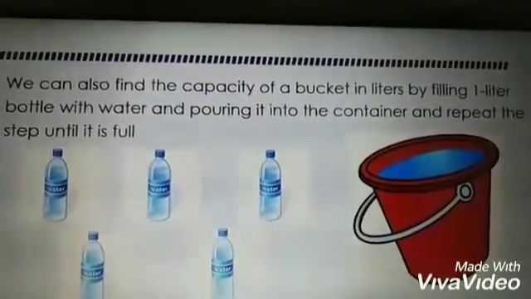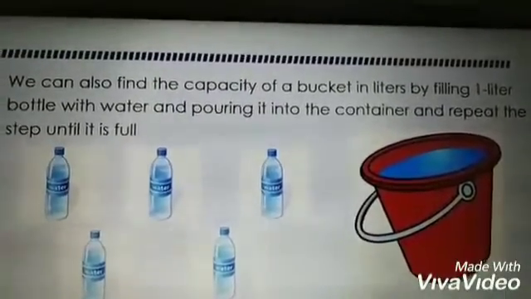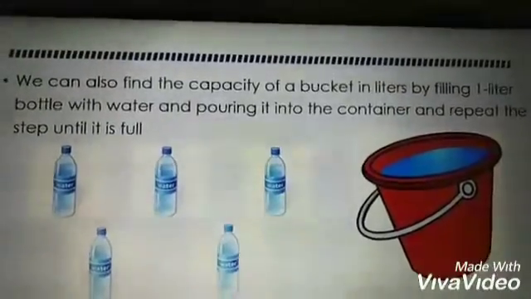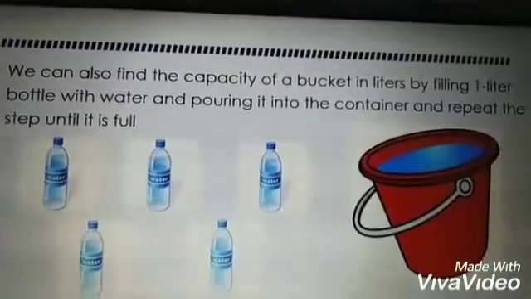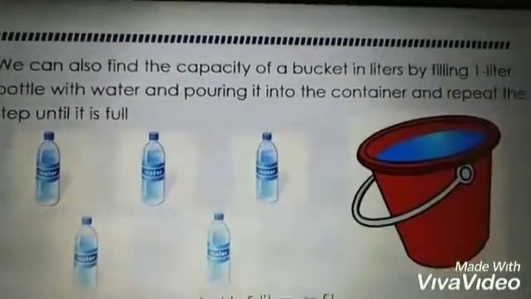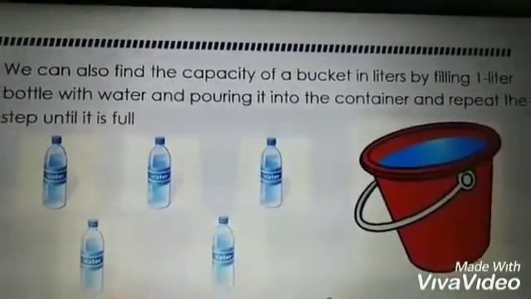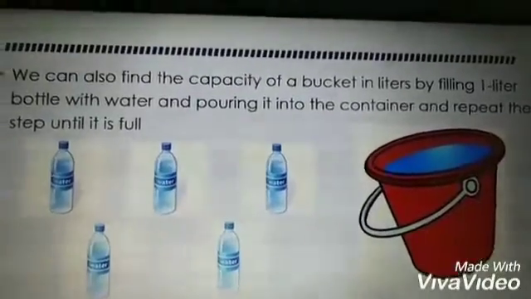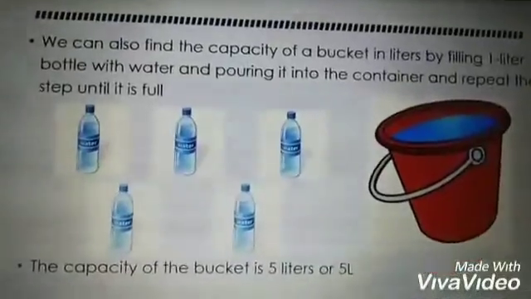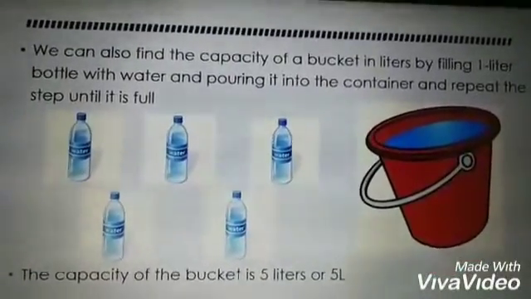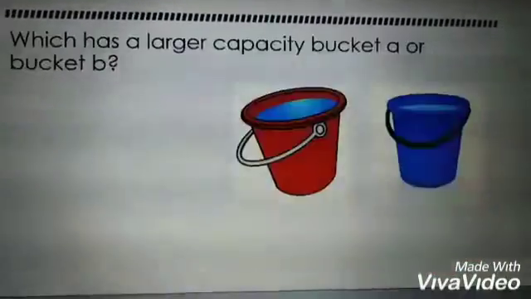After that, you will count how many bottles you used to fill this bucket, and the number of bottles will be the capacity of the bucket. As you can see here, we needed 5 1-liter bottles to fill this bucket. So the capacity of the bucket is 5 liters or 5L.